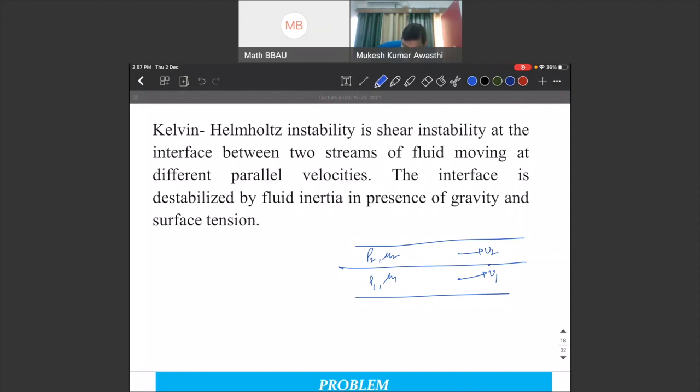Now here we are taking relative velocity at the interface, and we will study the effect of heat and mass transfer on that interface. In the previous case it was stabilizing, so we will see whether in this case it is stabilizing or not.